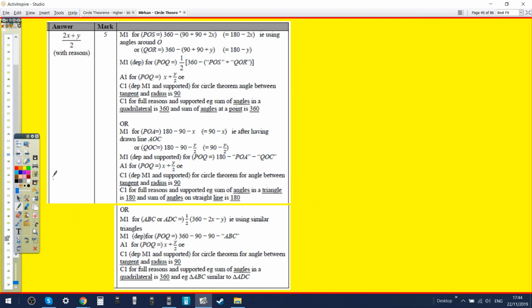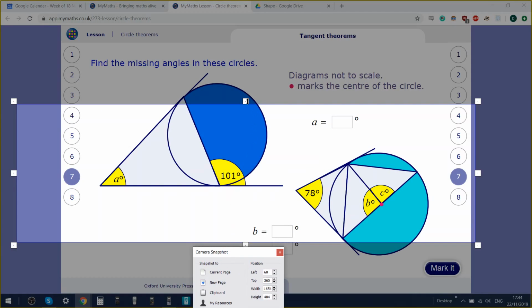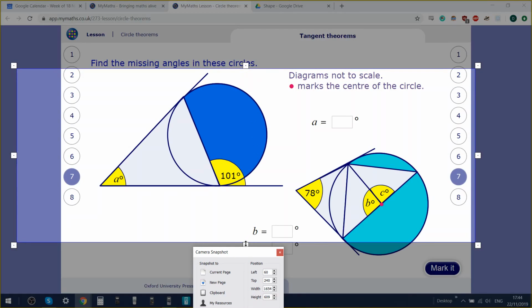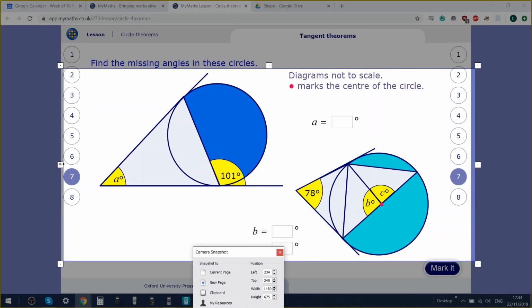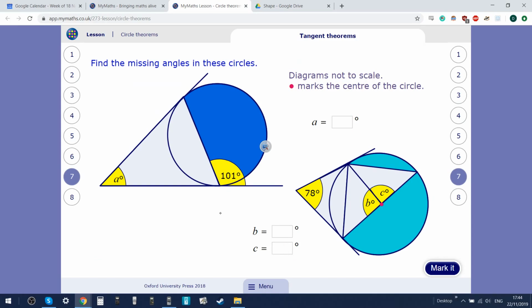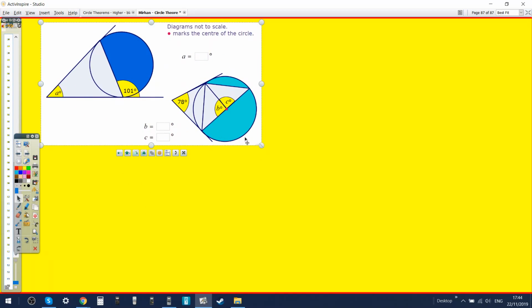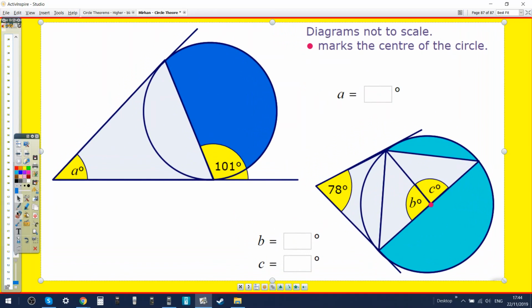The tangents are the same length, and so the angles will be the same. So is the one above 101 as well? Yeah. So you said the other one was 79. Yeah. So how can you use that to get A? Not too sure. So if this one up here is also 101, yep, then the other one will also be 79.